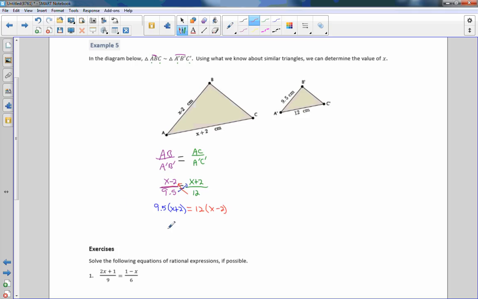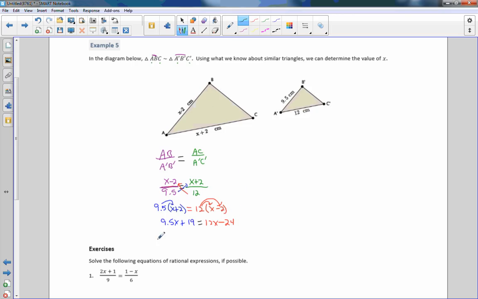Okay, so now I'm going to distribute. So 9.5 times x is 9.5x plus 9.5 times 2 is 19 equals 12 times x is 12x. 12 times a negative 2 is negative 24.